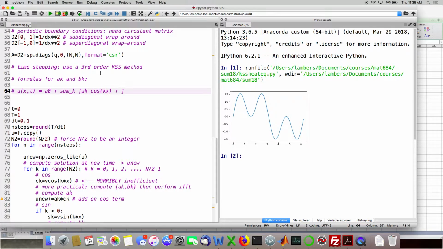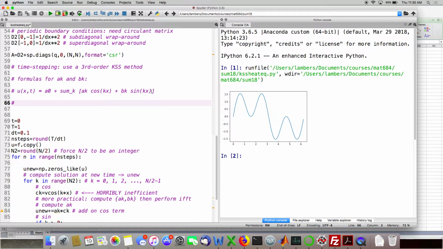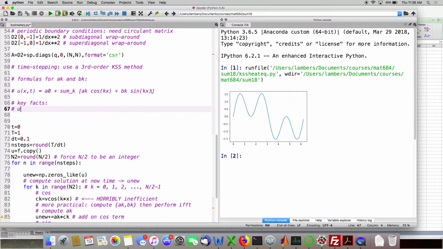Now, the coefficients AK and BK all depend on T. Just for convenience, I'm not explicitly indicating that dependence here. But we can think of T as being some fixed value. Now, the formulas come from these essential properties. First, the solution is equal to e to the LT times f of x.